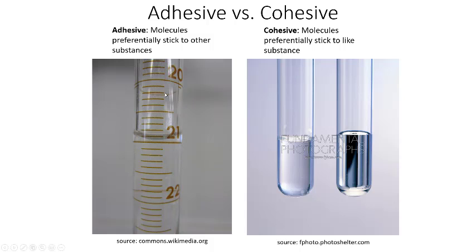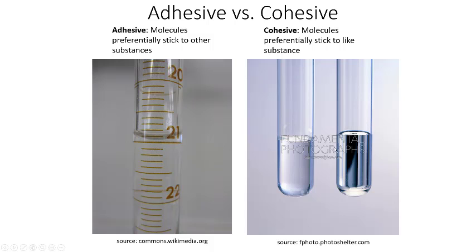When we read a graduated cylinder, we observe a meniscus where the water is higher on the outside of the cylinder than in the middle. That's because of an adhesive property where the water molecules are preferentially sticking to the outside glass structure, such that the water is creeping up the sides and lower down in the middle.